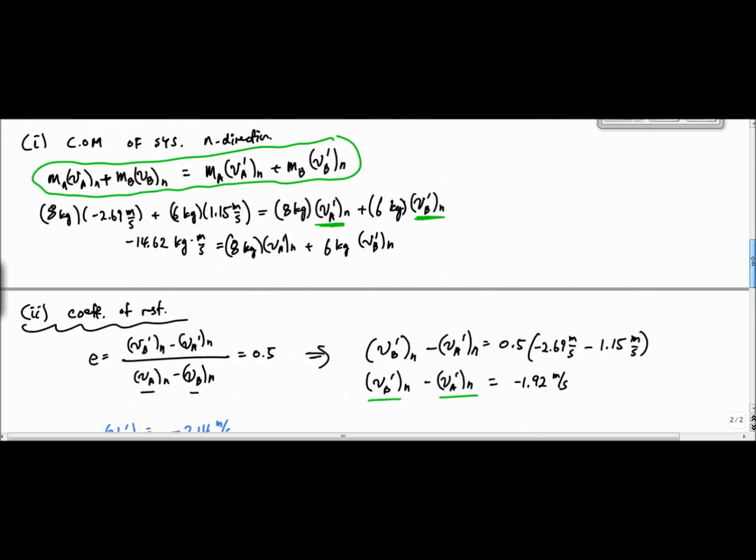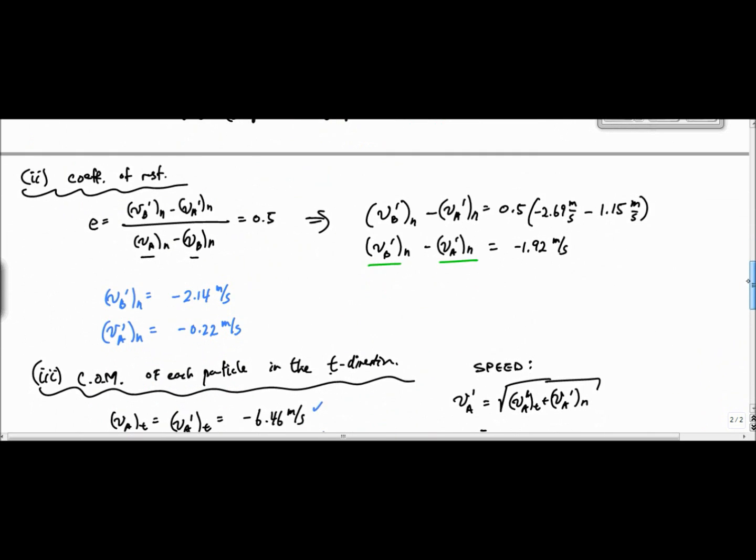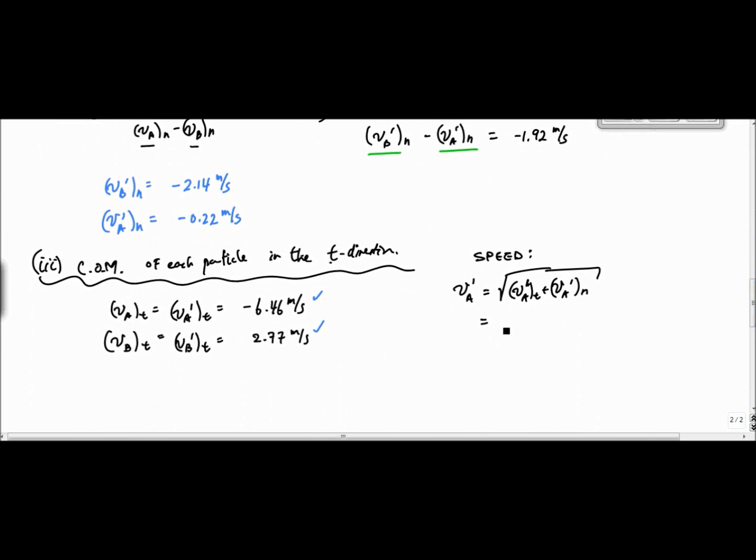For VA, I got the square root of minus 0.22 meters per second squared plus minus 6.46 meters per second squared, and 0.22 is such a small number that it comes out to essentially 6.46 meters per second.